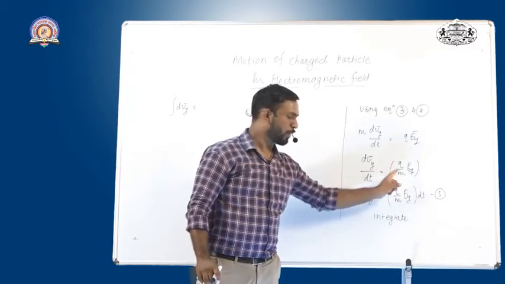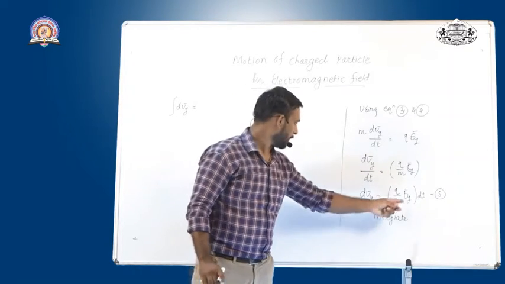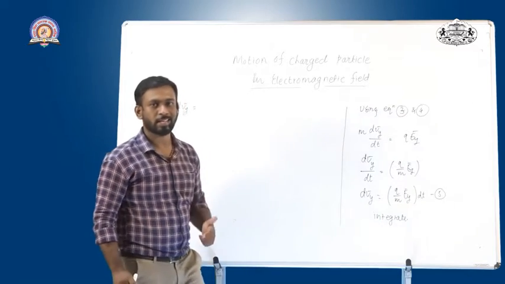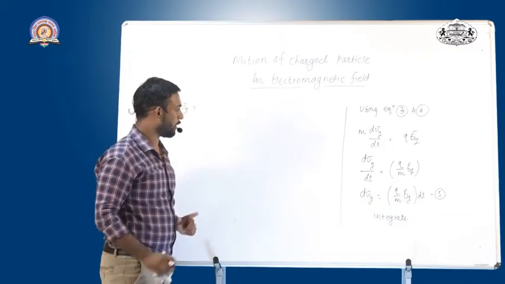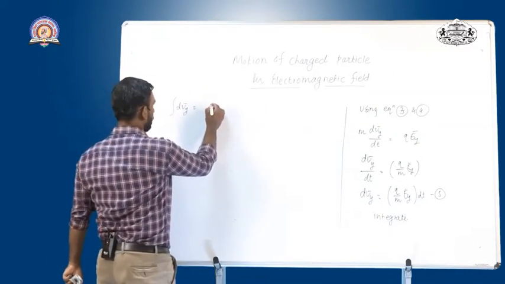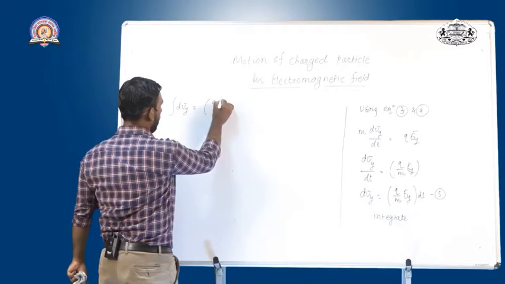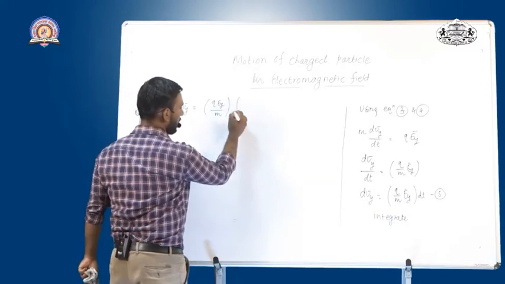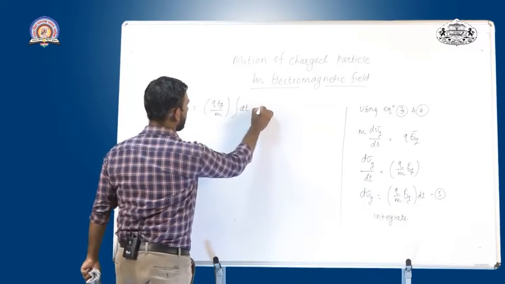Which among these three quantities is time dependent? None of these. q is time independent, m obviously, and E_y is the static electric field, so this electric field is not changing with time. So I just write these outside the integration, m as it is, integration of dt.